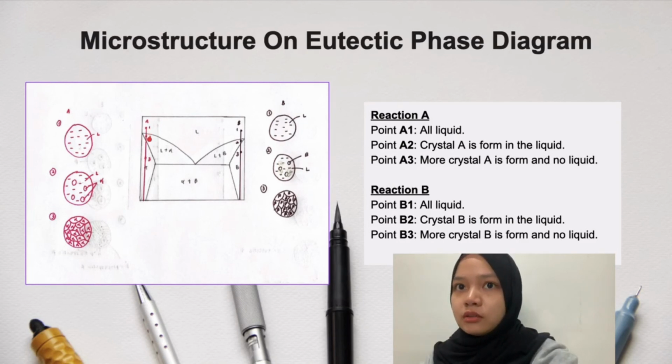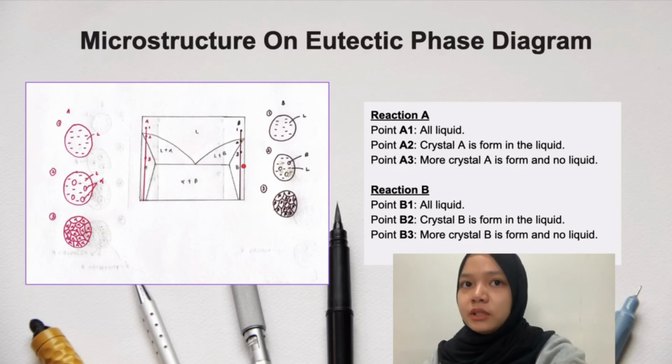As we go down, we can see crystal A is formed in the liquid. When the temperature is decreased, more crystal A is formed and the liquid disappears. Reaction B is quite the same as reaction A, but instead of forming crystal A, it forms crystal B.